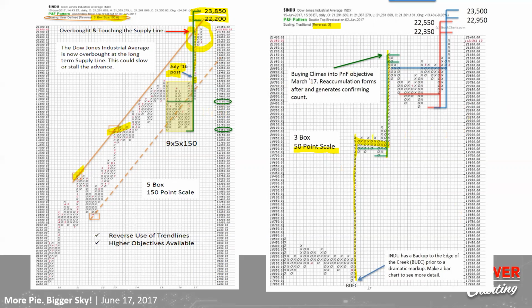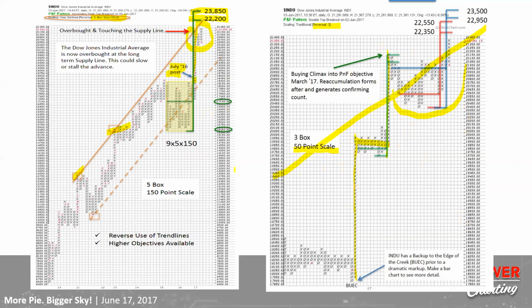Then as we got into the rising trend channel that we saw over here, we had a consolidation. And this is a reaccumulation on a smaller scale. This was put into this blog in real time.